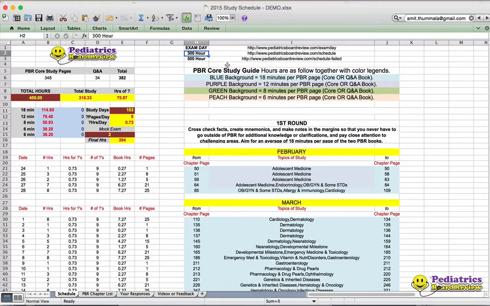There's also the article covering the 500-hour study schedule, and then there's also an article that covers the actual exam day, and it talks to you about the number of blocks that there are, the amount of time that you have per block, which also then allows you to understand about approximately how much time you have per question, about how many questions you should be getting through at certain milestones within each block. By milestones, I mean, by the half-hour mark and things like that. And then there's also just other great tips and tools in there for you to prepare for the actual exam day and just the mechanics of that day. Okay, so make sure you definitely read that article.